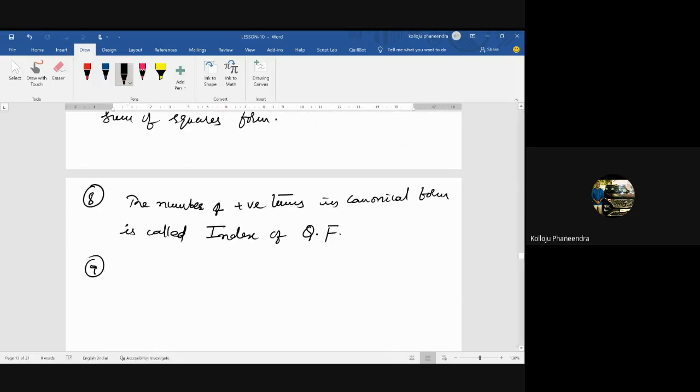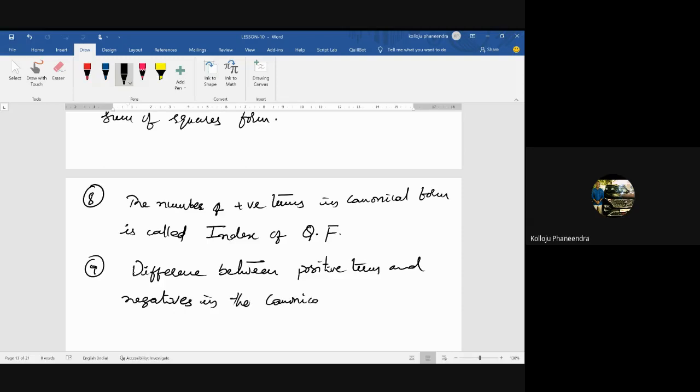Next, the ninth point: the difference between the positive terms and the negative terms in the canonical form is called the signature of the quadratic form.